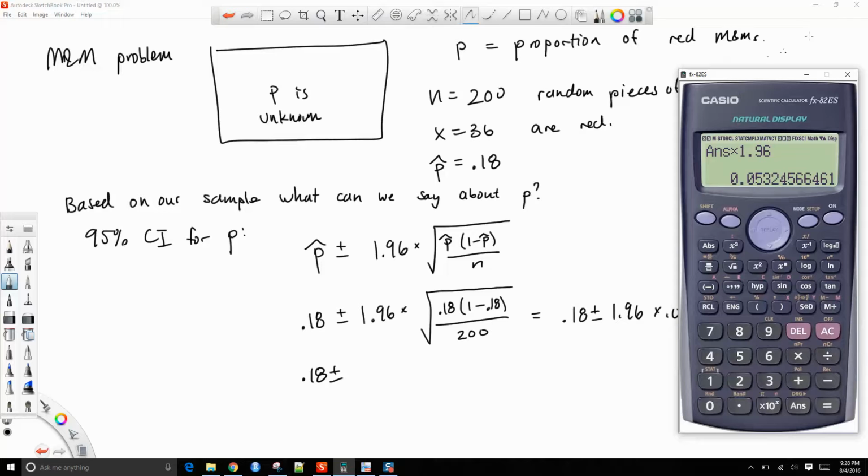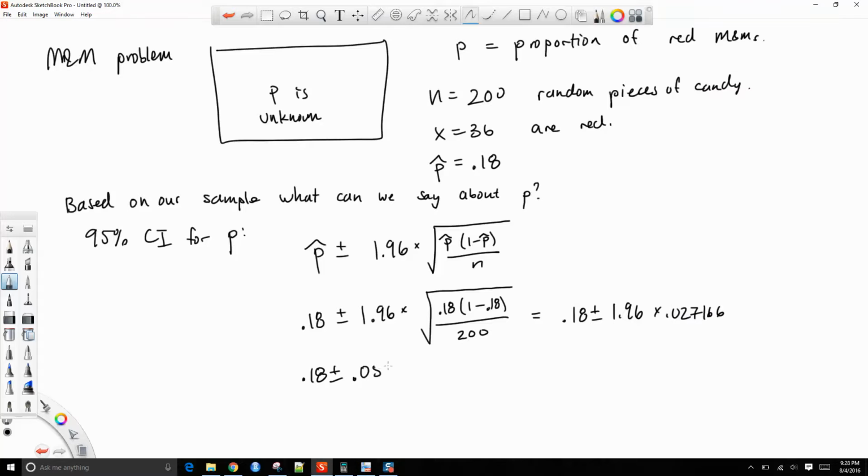I'm going to get 0.053. So on the low end, I do 0.18 minus 0.053, and that gives me 0.127. And on the high end, I get 0.18 plus 0.053, and that gives me 0.233.